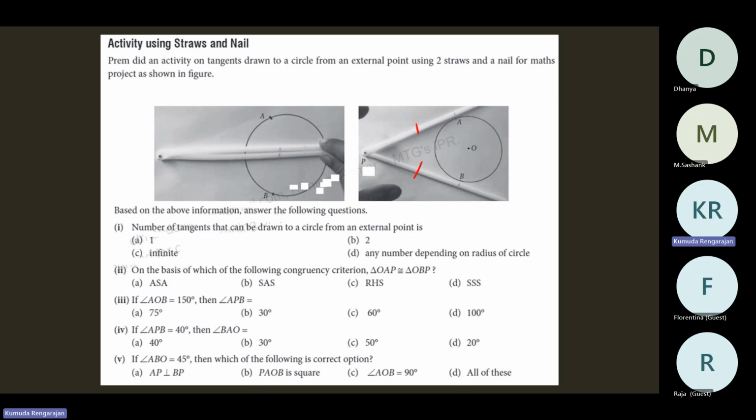When you prove that the triangles are congruent, you cannot use this as information. So it cannot be SSS, because the activity itself is to understand that the tangents from an external point of the circle are equal.